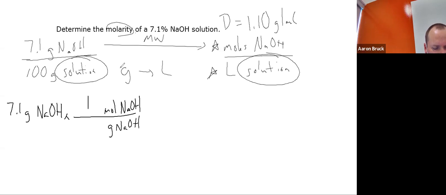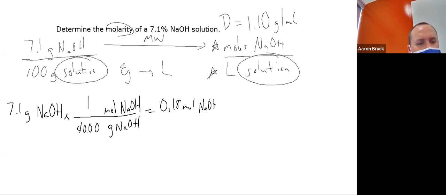The molar mass of sodium hydroxide is sodium 22.99 plus oxygen 16 plus 1.01 for hydrogen, 40.00 grams of sodium hydroxide. 7.1 divided by 40, to two significant figures, is 0.18 moles of sodium hydroxide. All right, I've got the first part taken care of.